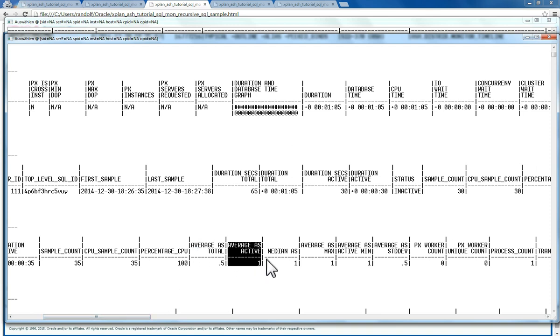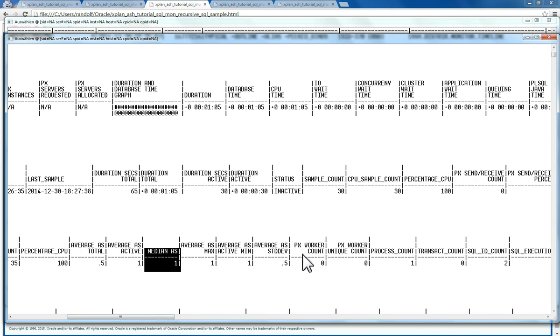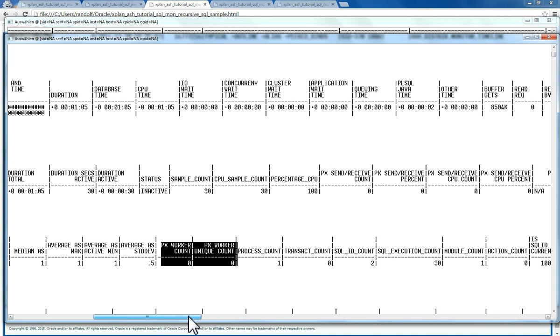And again the average active sessions is 1, the median value is 1, minimum and maximum active is also 1, and so on. No parallel activity in this case, otherwise the same idea would apply that I've already explained for the global summary of the main SQL execution analyzed.